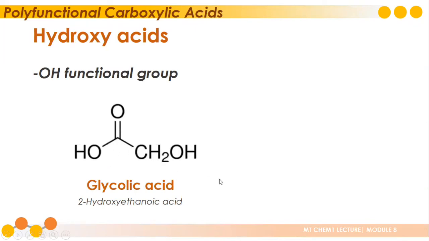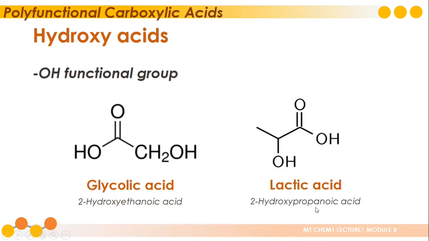This is the OH group. The next one is 2-hydroxypropanoic acid, also known as lactic acid. These are the common names, and as you can see, you're much more familiar with the common names than their IUPAC names.